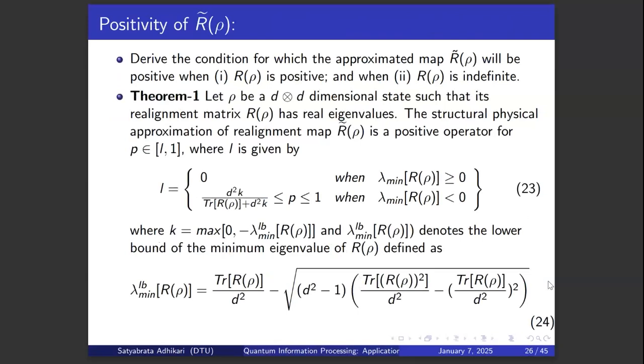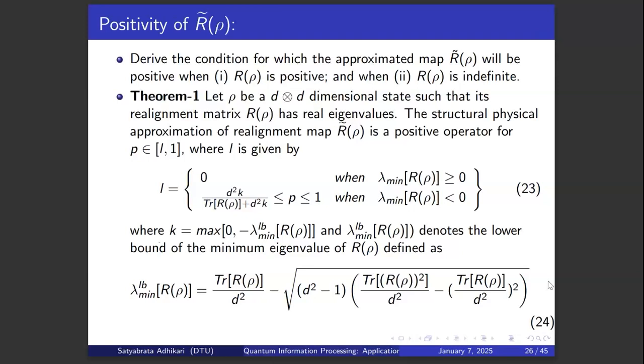So now after this idea, I'm giving you the main result of this work, that when we can say that the realignment matrix, that is R rho, is a positive operator. So this is the condition that the structural physical approximation of the realignment map R rho is a positive operator. That means R tilde rho is a positive operator for p belonging to a range.